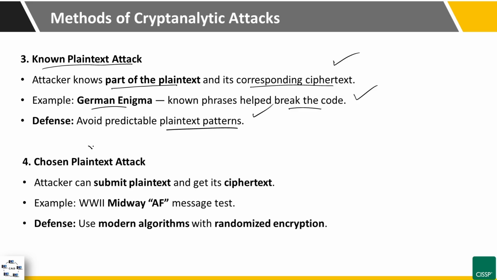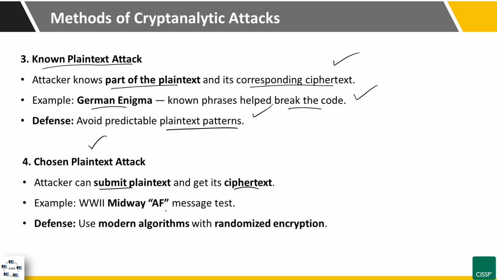Number four is chosen plain text attack. It is the type of attack when the attacker can submit plain text and get its ciphertext. For example, the World War II Midway AF message test. This was a message sent intentionally in clear text, you can say, by the Allied forces.